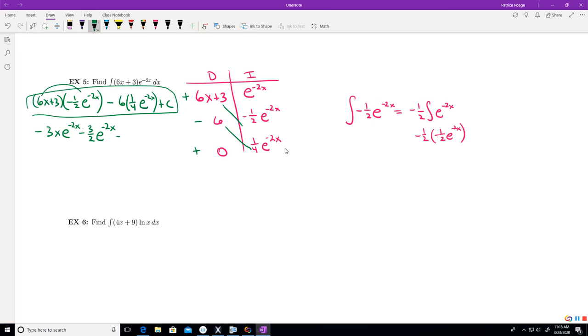And then right here we'd have minus 3/2 e to the negative 2x plus c. This is only if you reduce. And then those two terms can be combined. So negative 3x e to the negative 2x. If we add negative 3/2 plus negative 3/2, that's negative 1.5 minus 1.5, you're going to get negative 3.